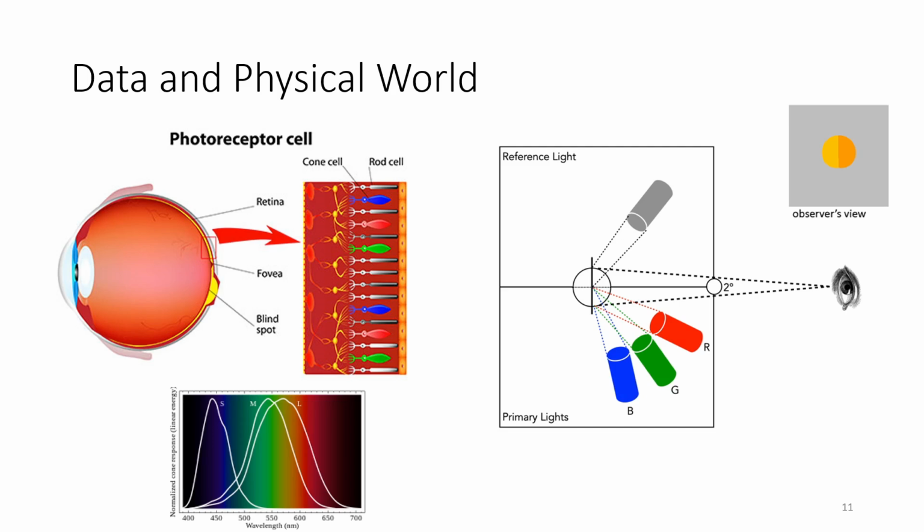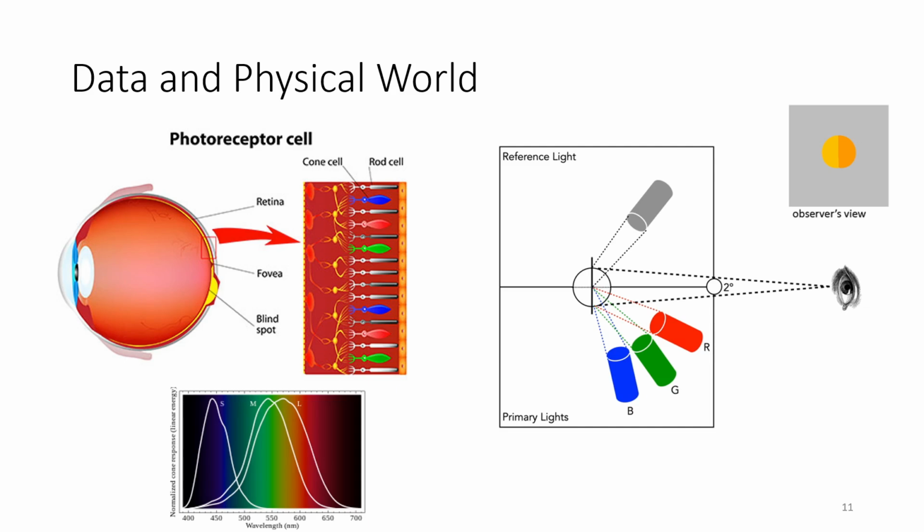So the CIE color space: in 1931, almost 100 years ago, the CIE institute standardized the human sense for different colors.